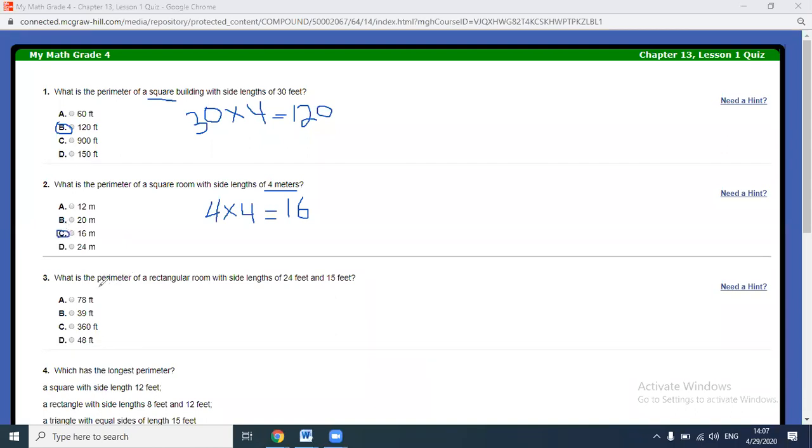Number 3, what is the perimeter of a rectangular room with side lengths 24 and 15? To find the perimeter of a rectangle, let's multiply the length by 2. 24 times 2.